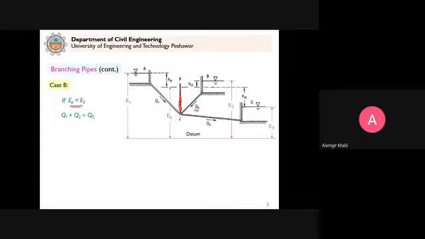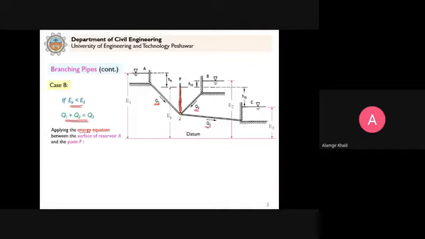Similarly, this P is lower than A, so Q1 is out of reservoir A. But P is above C, so Q3 is into reservoir C. So now in this case, the continuity equation is that Q1 plus Q2 is equal to Q3.